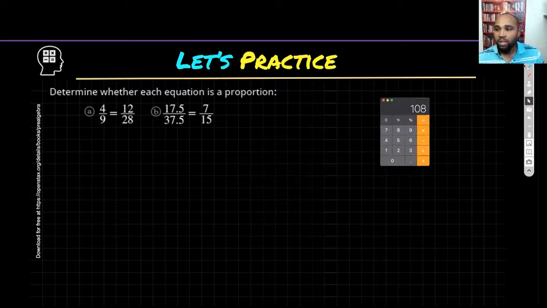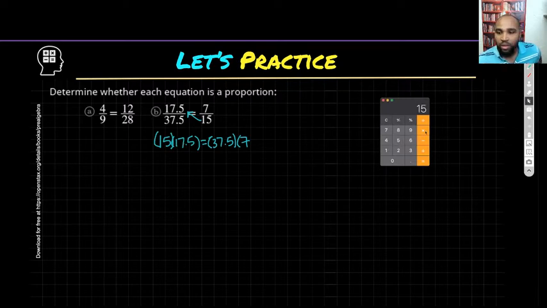All right, so let's set this one up to see if it's equal. So 15 times 17.5 is equal to 37.5 times 7. And it doesn't matter what order, because multiplication is commutative. You can put 15 first or 17.5 first.